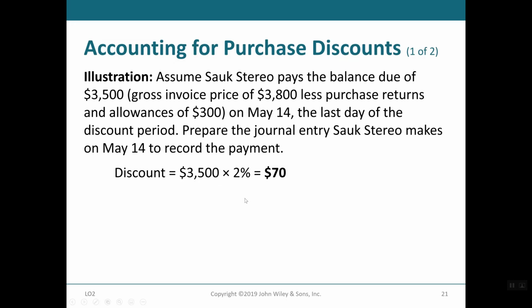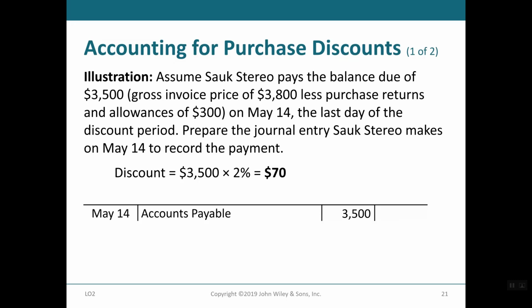So we're applying the discount not on the 3,800 but on the 3,500 because we already returned 300. So 3,500 times 2% gives us 70. So 3,500 minus 70 is what we're going to be paying in total as cash. The accounts payable that we owe is 3,500. Inventory is credited $70 because that's the discount that we receive, and the cash that we are going to pay is 3,430.